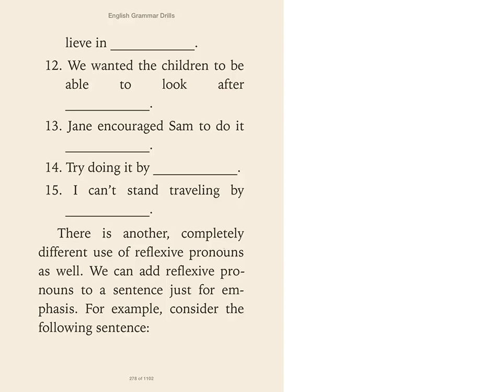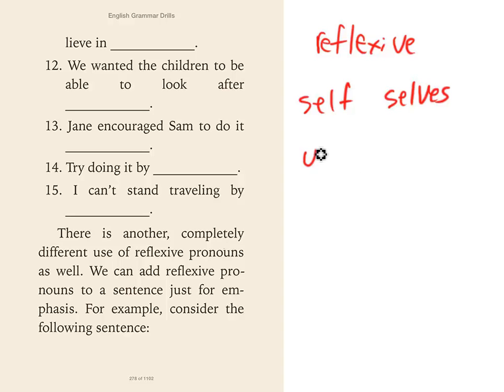Okay, we're going to move on to another use of the reflexive pronoun. Remember, the reflexive pronoun ends in self or selves. Okay, and there's another use. Usually, there's always an antecedent, unless it's the understood you, as in the command, as we've already discussed.